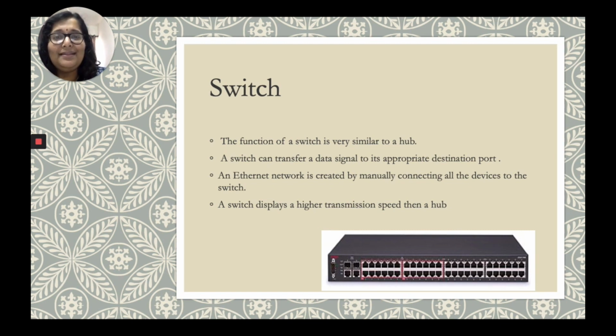I told you in an Ethernet network or a LAN, there are a few systems attached to it. All these systems have to be attached to the switch separately so that they can transfer correctly to the correct device. A switch displays a higher transmission speed than a hub. It has a higher transmission speed than a hub.